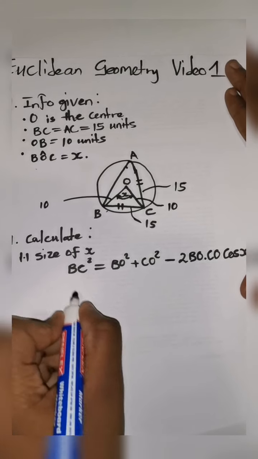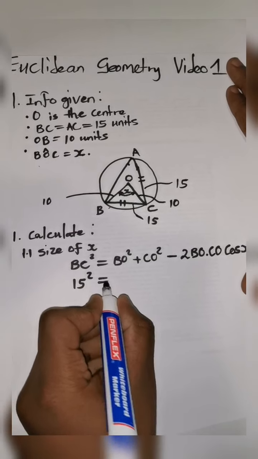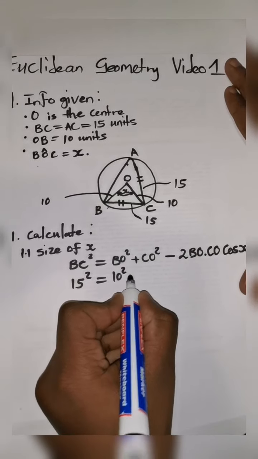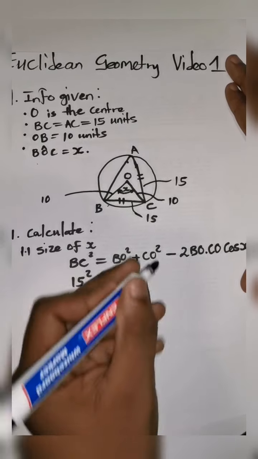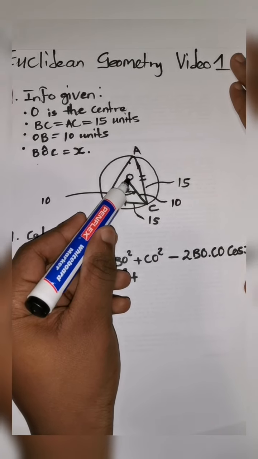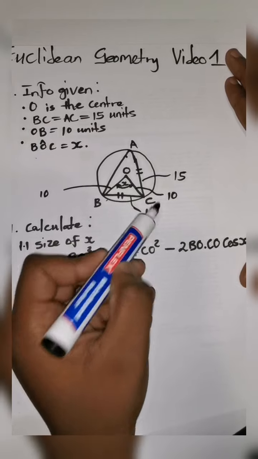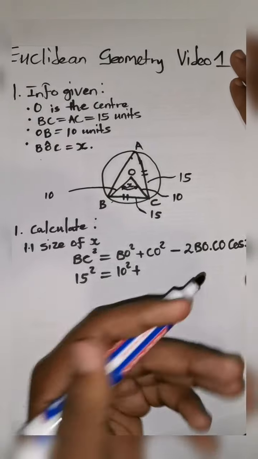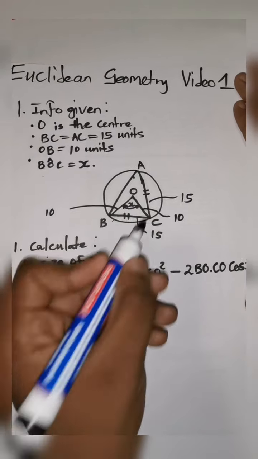So BC squared is 15 squared, equals BO squared, that's 10 squared, plus CO. We had figured out that OC is 10 units since it's a radius as well, although it was not part of our given information, but this is the kind of information that we can extract from the diagram.